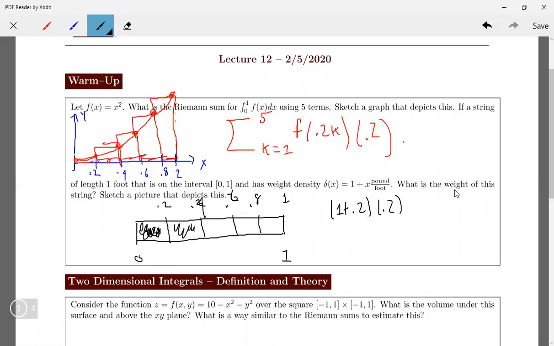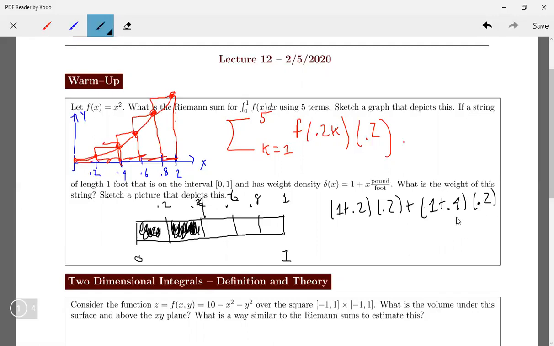Next part of the string, again, we're going to treat the weight density as constant over this portion, and the weight density is equal to 1 plus x, where x is equal to 0.4. So this is going to be 1 plus 0.4 times the length of that interval, which is 0.2.